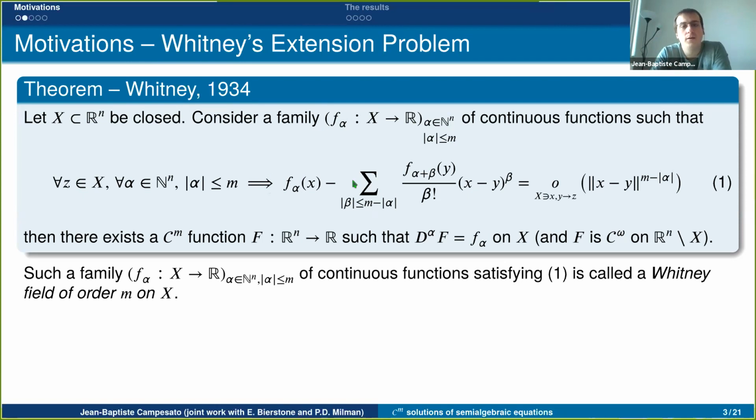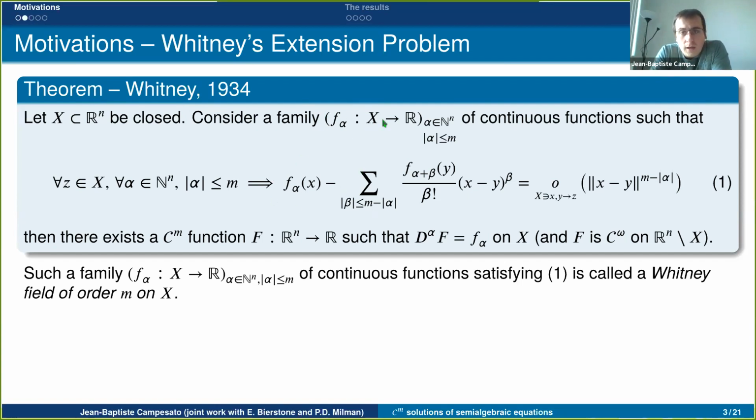Informally, it means that when we fix some alpha, the functions of higher indices behave like the coefficients of the Taylor expansion of f_alpha.